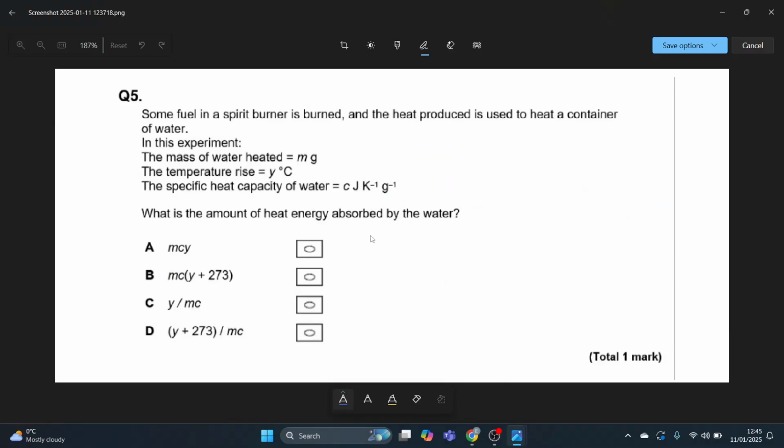What is the amount of heat energy absorbed by the water? Well, heat energy absorbed, Q equals mc delta T, where m is the mass of water.